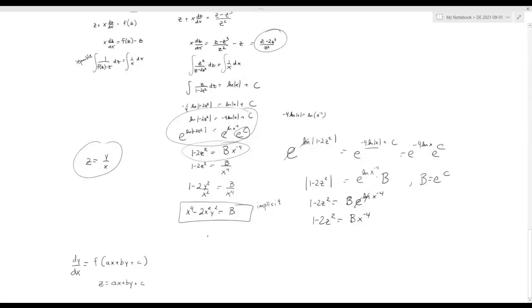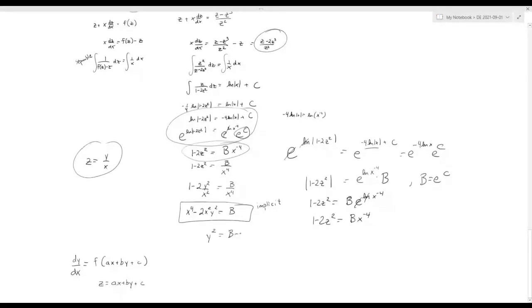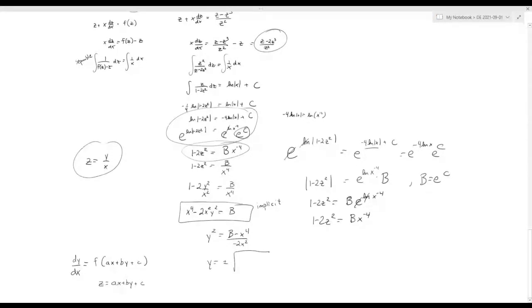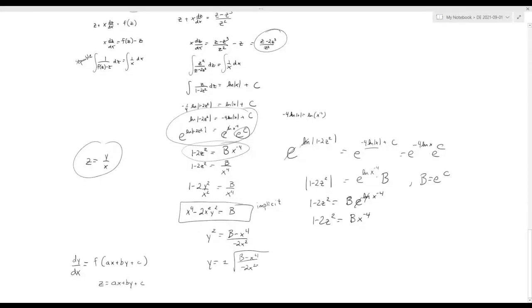Here we could if we wanted to. So we could say that y squared is equal to b minus x to the 4, divided by negative 2x squared, and then y would be plus or minus the square root of that business. Whether it's plus or minus, if we had an initial condition, would depend on that initial condition.